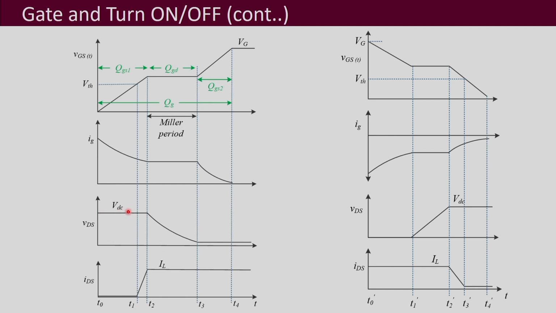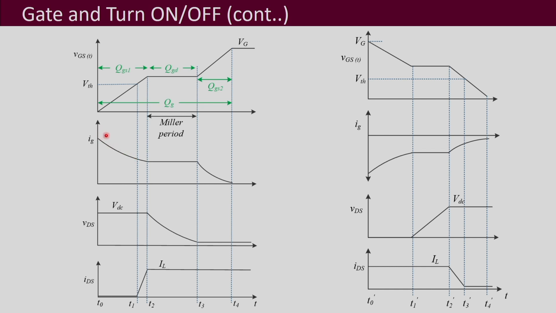The voltage across the MOSFET does not change, it is VDC, and the current through the MOSFET also does not increase, it is equal to IDS. We had seen that this time period is called the delay time. What we did not see over there is the gate current.